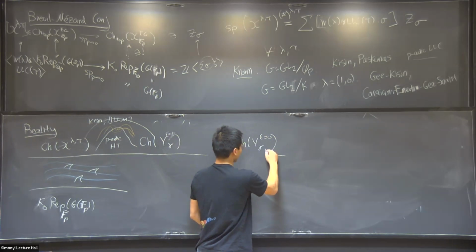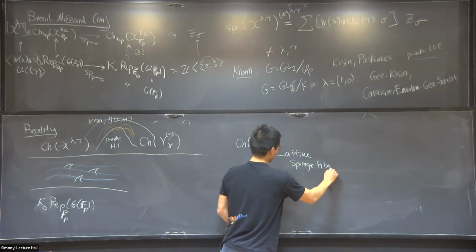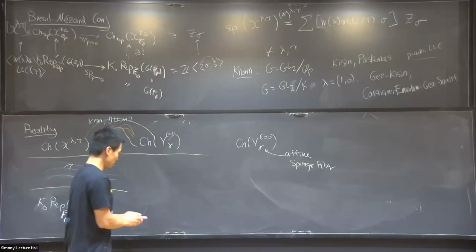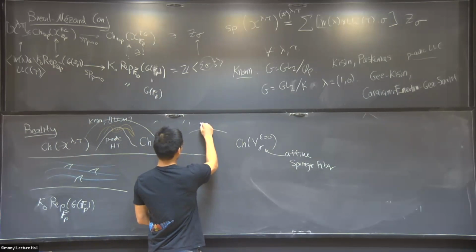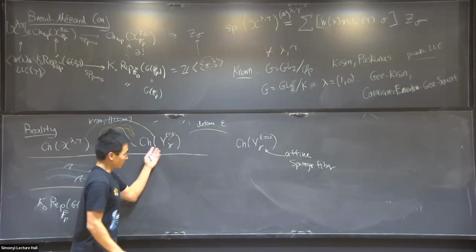That name is affine Springer fiber. And so somehow there's a process of deforming epsilon to go from here to here.